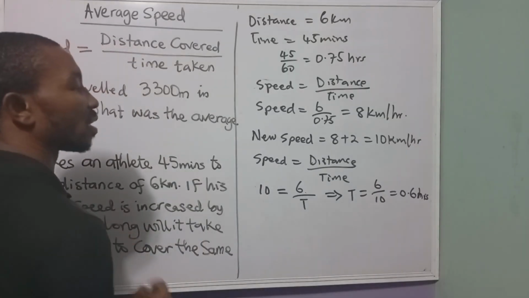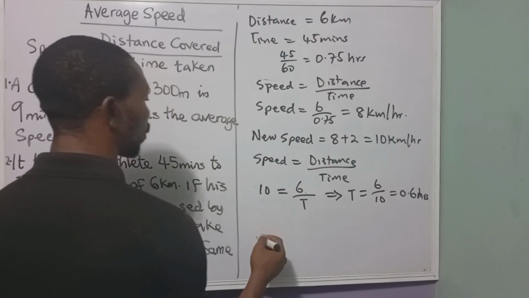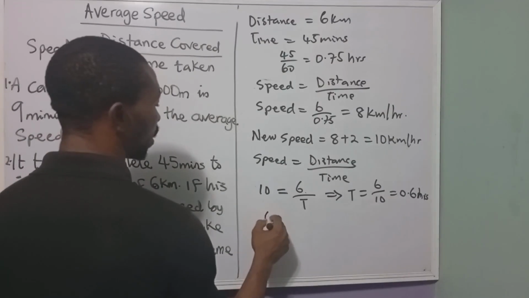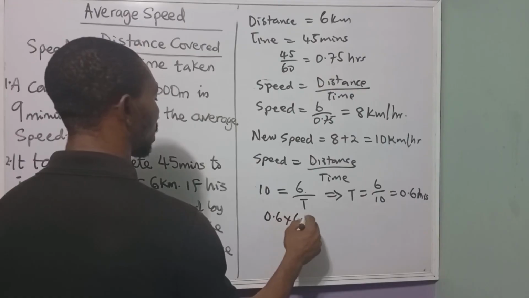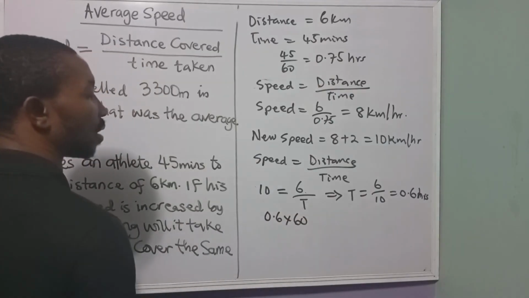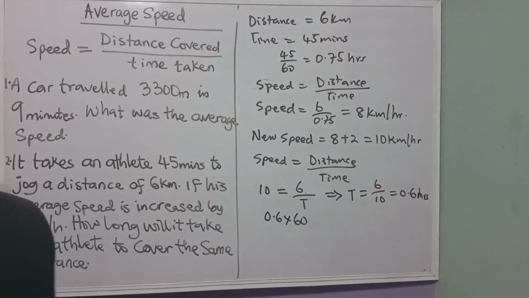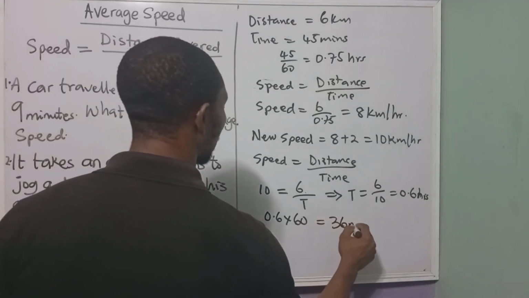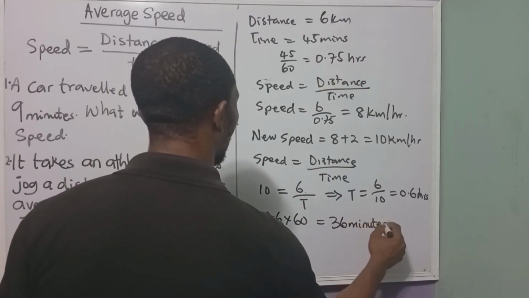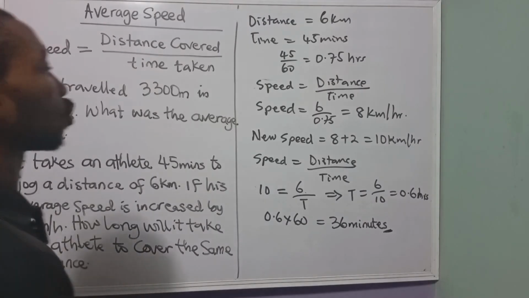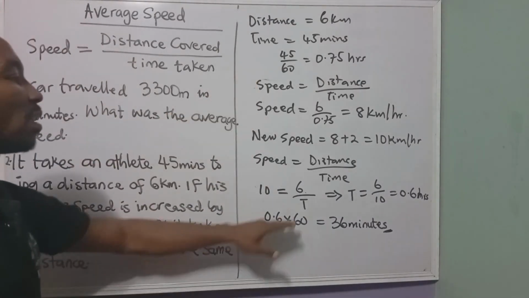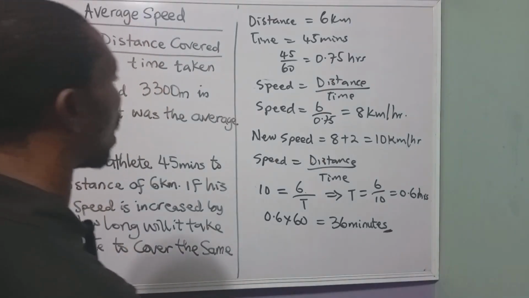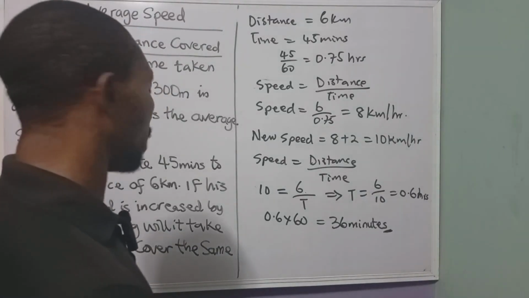Now since it's in hours, for us to convert it to minutes will be 0.6 times 60, since 60 minutes equals 1 hour. So 0.6 times 60 gives us 36 minutes. So the time taken to cover 6 kilometers at 10 kilometers per hour will be 36 minutes.